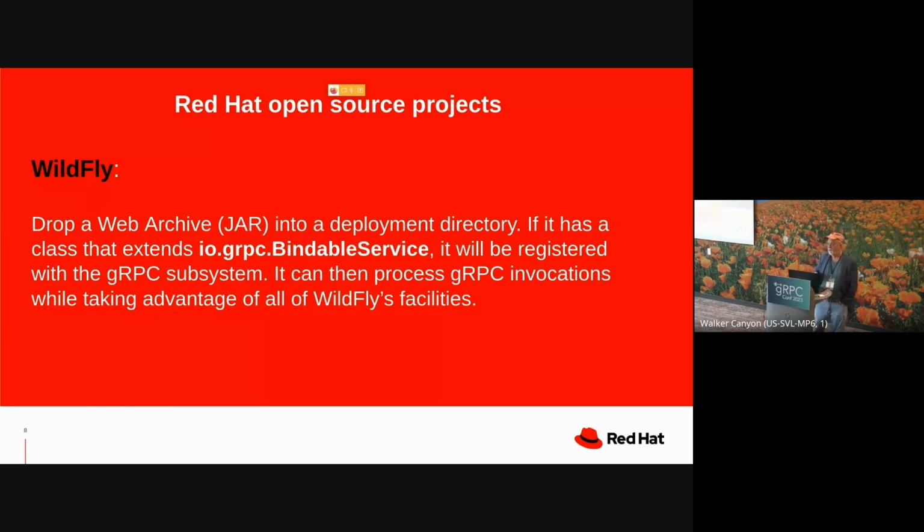It will register this application with the gRPC subsystem, and then it can process gRPC invocations. And in addition, the gRPC system that you've deployed can take advantage of all Wildfly's facilities, and Wildfly implements all of Jakarta Enterprise Edition.